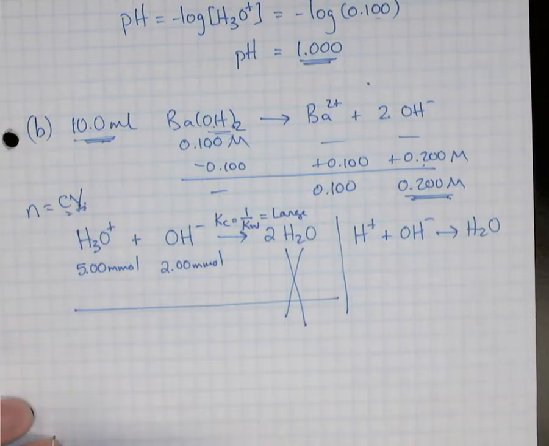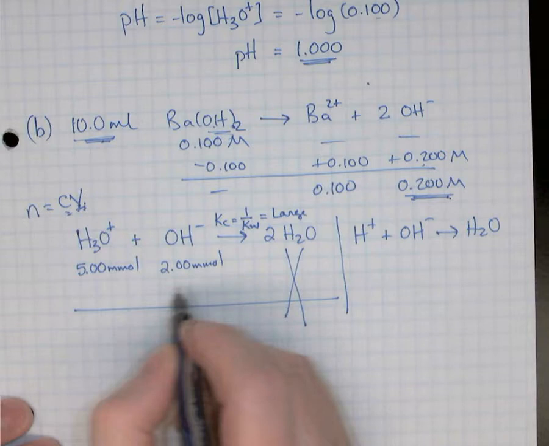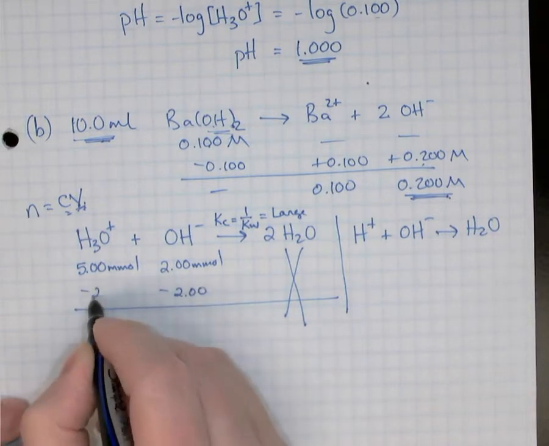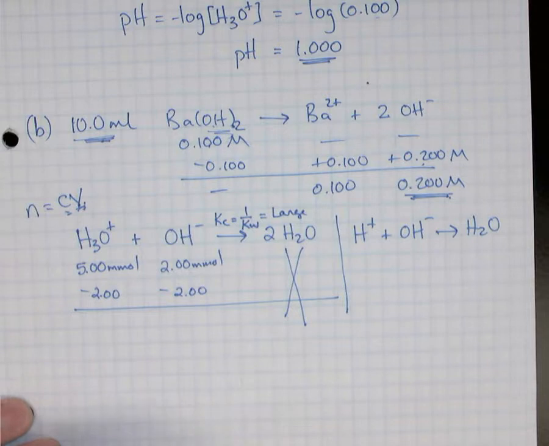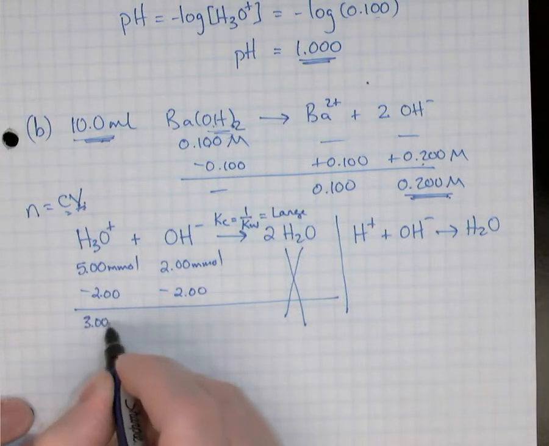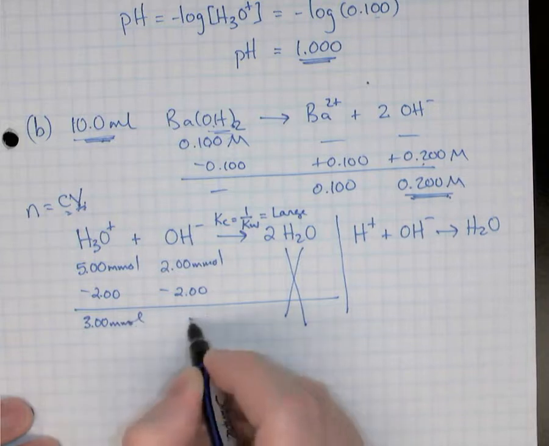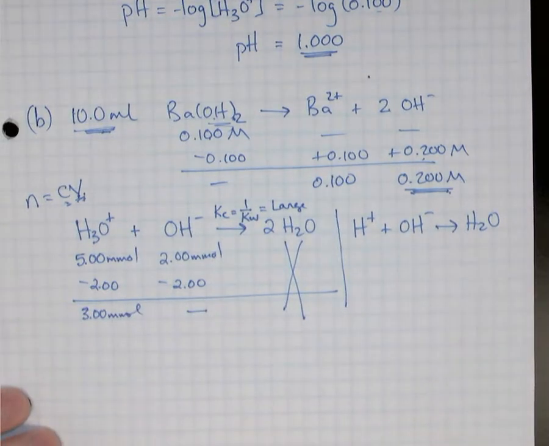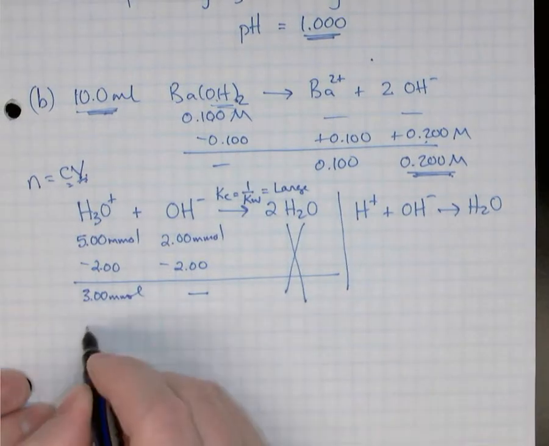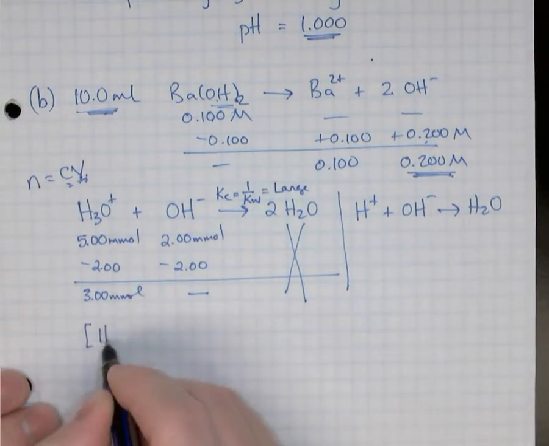We know that this reaction has a large Kc value, so one of these two things will get used up. In a 1-to-1 ratio, the limiting reagent will be the smaller number. So minus 2, we have 3 millimoles and 0 millimoles, like that. Now what we want to do to find the pH is find the concentration of the hydronium.